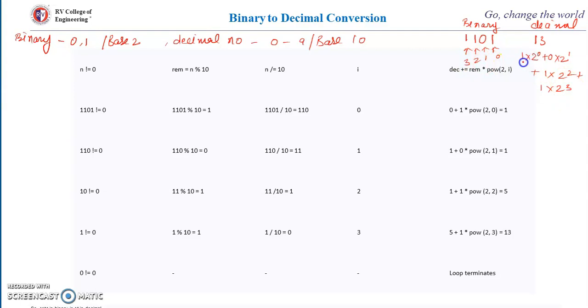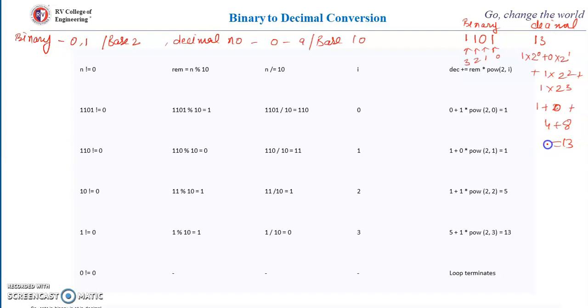When we calculate this, 2 to the power 0 is 1, 2 to the power 1 is 2, so 0 into 2 is 0, 2 to the power 2 is 4 and 2 to the power 3 is 8, so it will be 13. This is how we get a decimal number from a binary number.